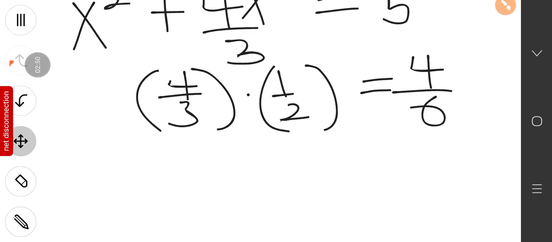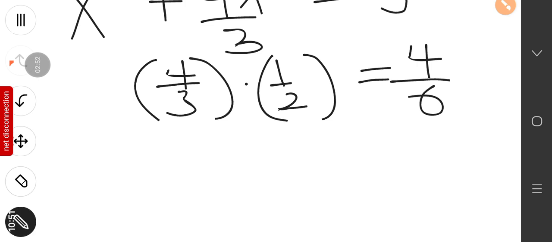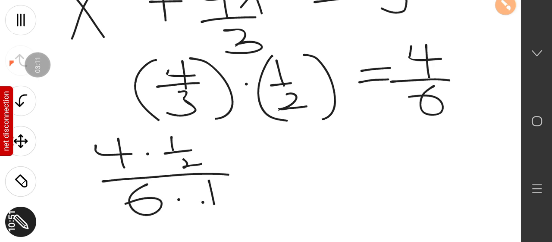So now we have 4 over 6. Now the next thing we do is to multiply 4, which is the numerator, by half, and then 6, which is the denominator, also by half. So in this case, half becomes a scalar. So you're going to have 4 times half over 6 times half.